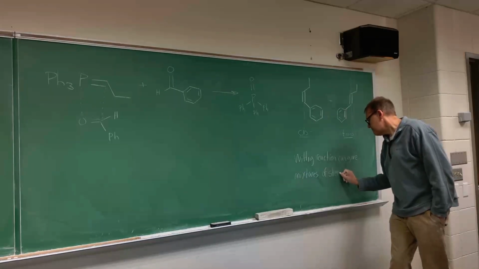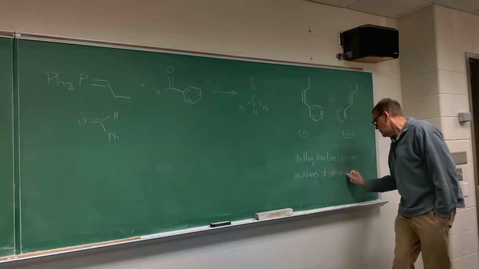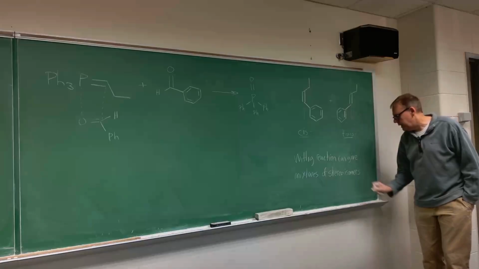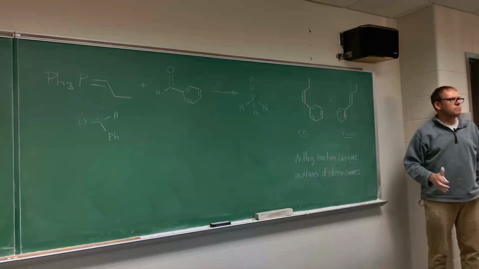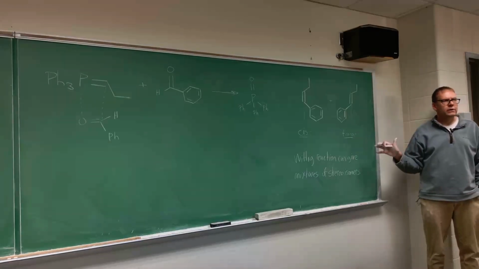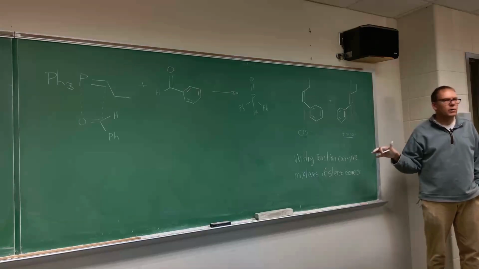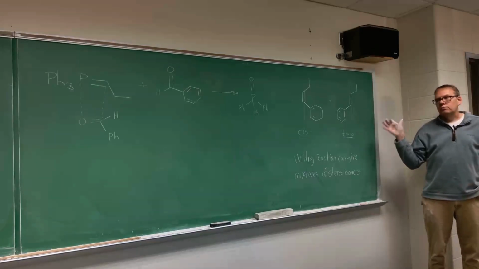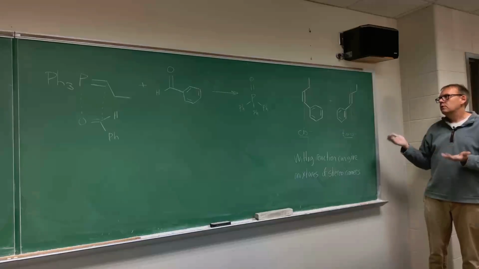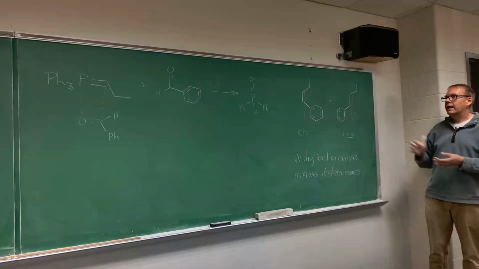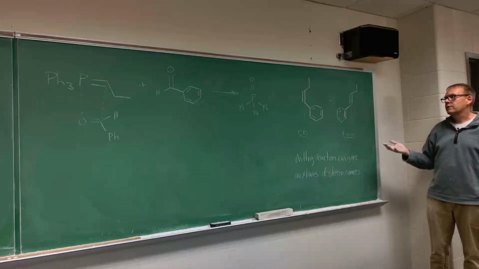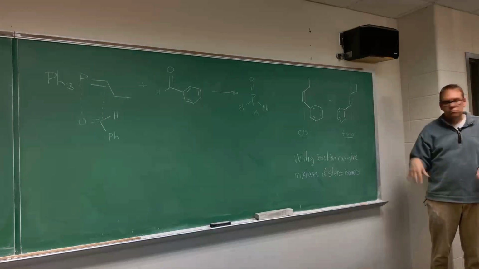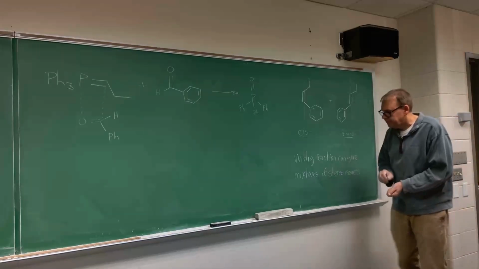The truth is it's kind of complicated, and we're not going to expect you to predict what's going to be major and minor, because it's a complicated problem. But just know that both are possible. So don't just focus on one, and know that stereoisomers can happen sometimes. Like in this case, that alkene could exist in two possible non-superimposable orientations.